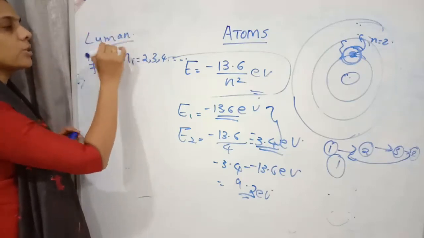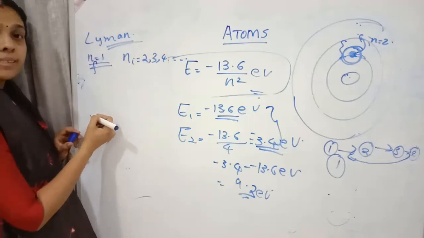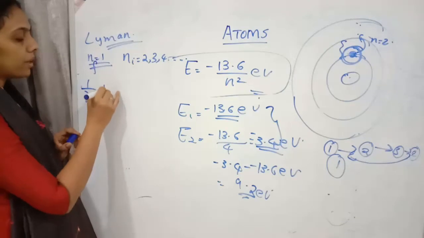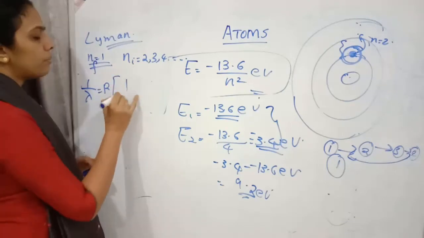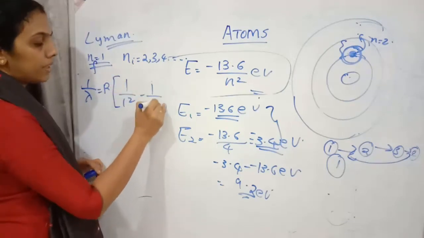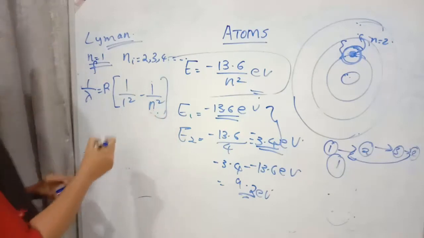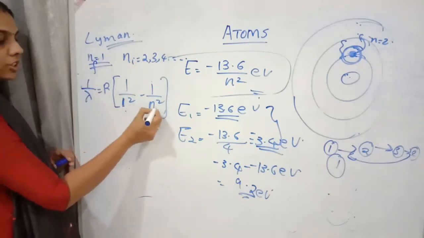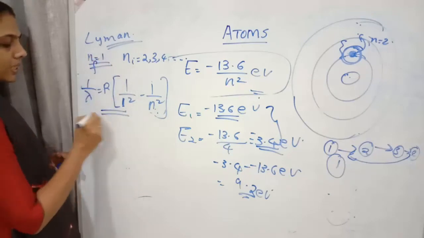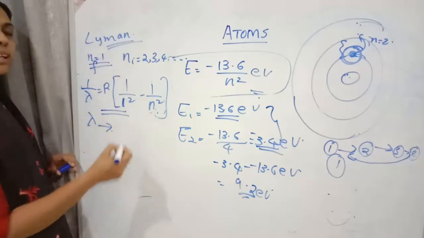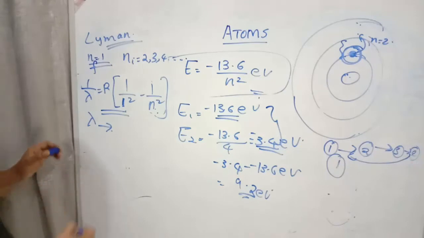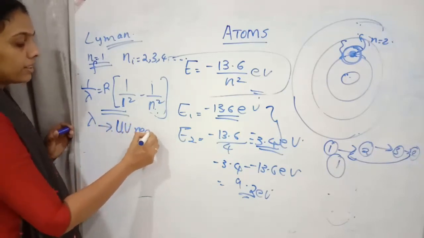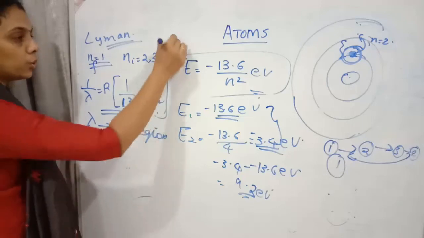While we are considering the Lyman series, we can find out the wavelength as 1 by lambda equals R into 1 by 1 square minus 1 by n square. Finally it is coming back to the first position itself. When we are finding out the wavelength, that wavelength is coming under the UV region.